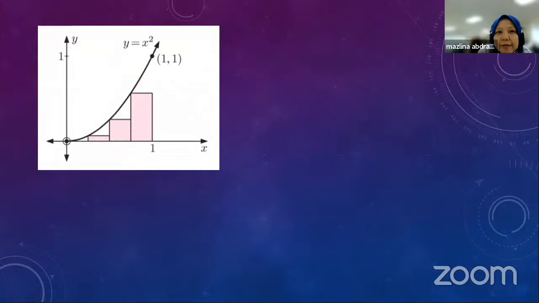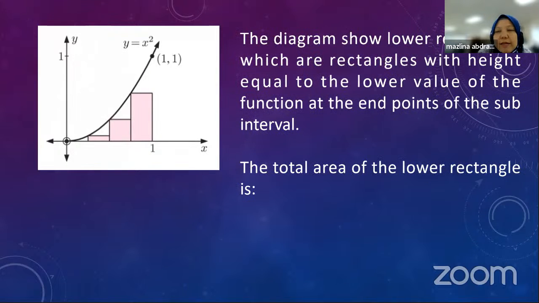And then from here, look, we have rectangles. Here we build the rectangles, because we divided 1 by 4 strips. Each of these has a width of 1/4.